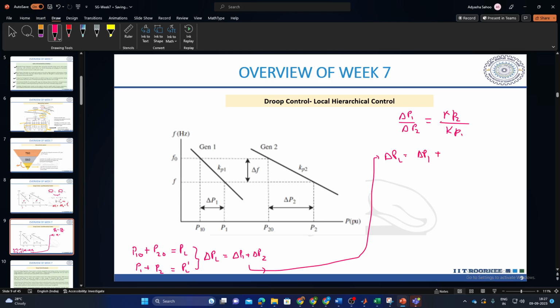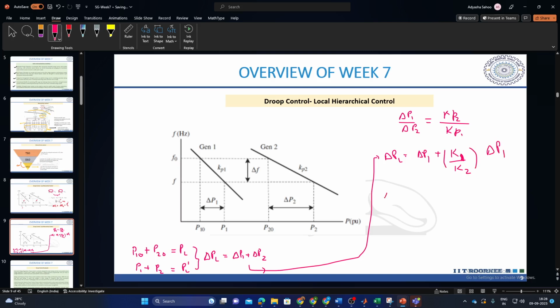So what will be delta P2 in terms of delta P1? Let's say I'm dropping this P, it will confuse only. So delta P2 will be K1 by K2 times delta P1.